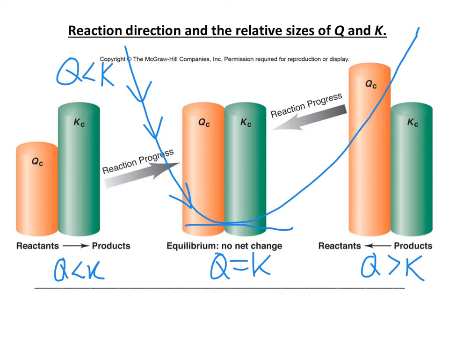Q is greater than K up here, then the reverse has to be true. And so basically those are two different graphical ways of describing the same thing.